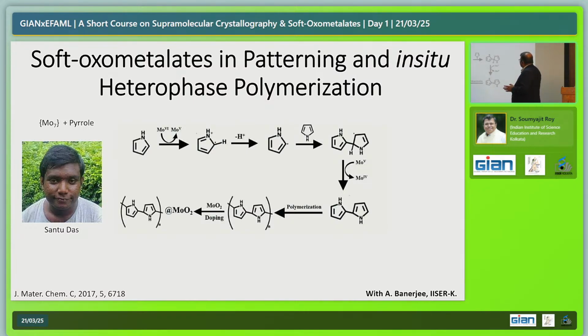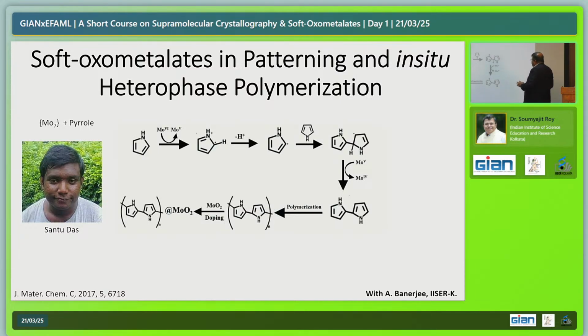What we saw is that there is a creation of a pyrrole radical, which would then combine with another pyrrole unit, with the conversion of this reduced MO5 into further MO4, and that would lead to a kind of clicking, and then you have a full polymerization.